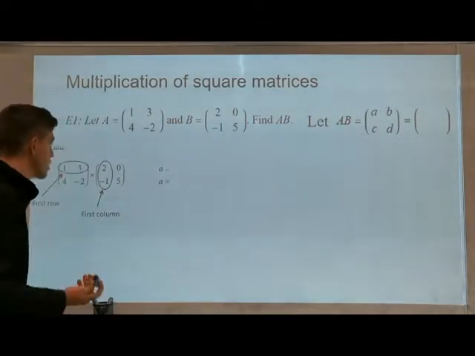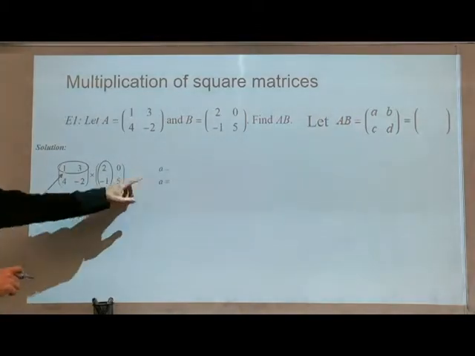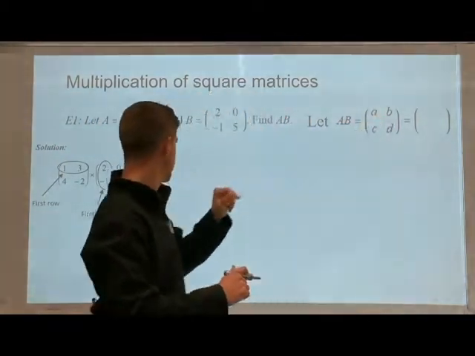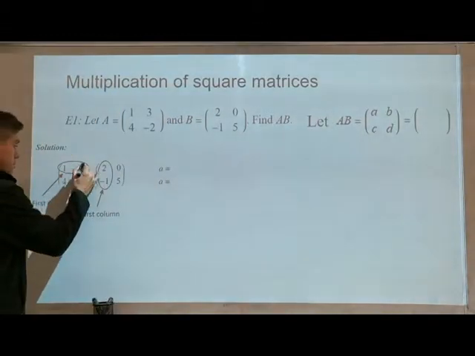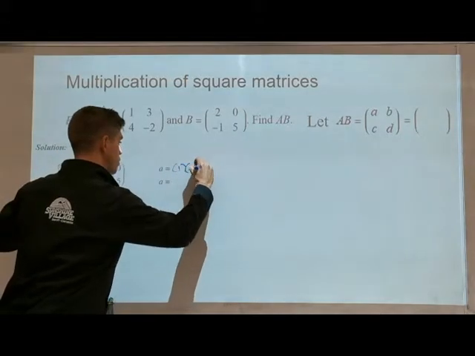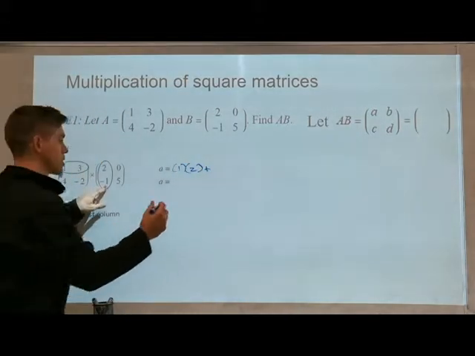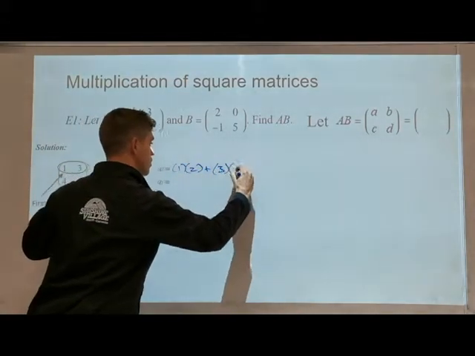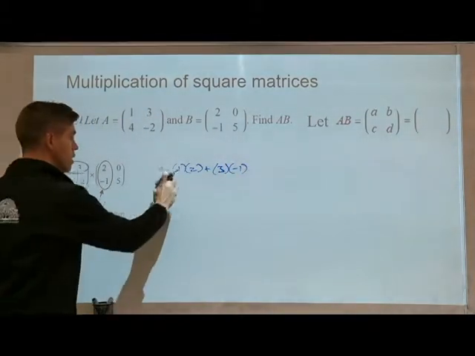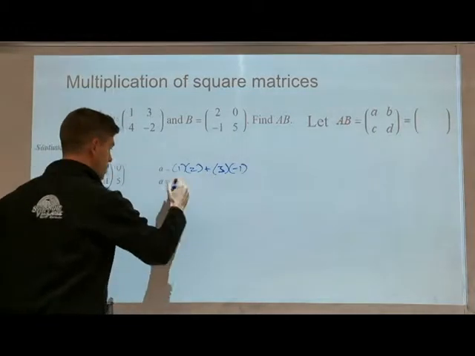So we calculate position A, so this top left position, by multiplying together 1 and 2, 1 times 2, and then adding that together with 3 times negative 1. Just like with our pie example. 2 plus negative 3, negative 1.